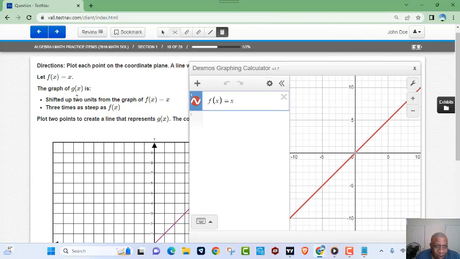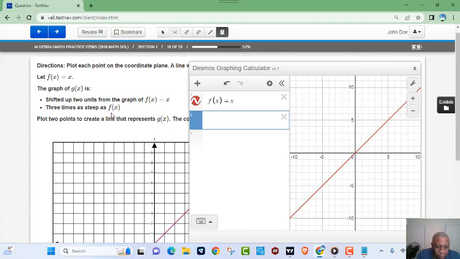Now, the graph of g of x is shifted up 2 units from the graph of f of x. So if it's shifted up 2 units, that's going to be a plus 2. Then it says 3 times as steep. So remember with the previous one, when it was 6x, it was 6 times as steep. This time they wanted 3 times as steep.